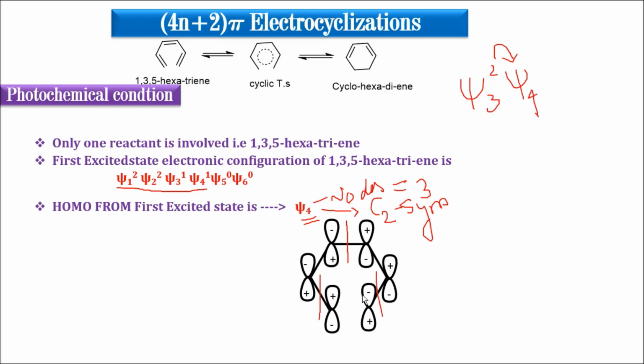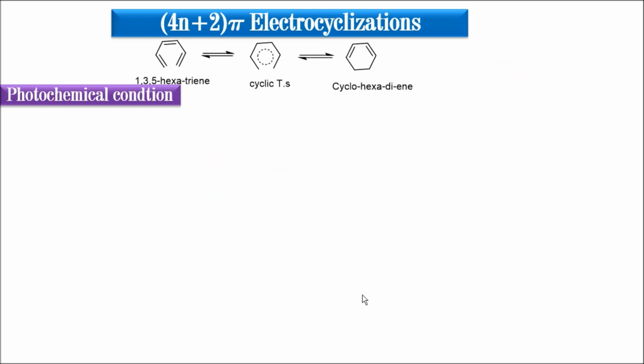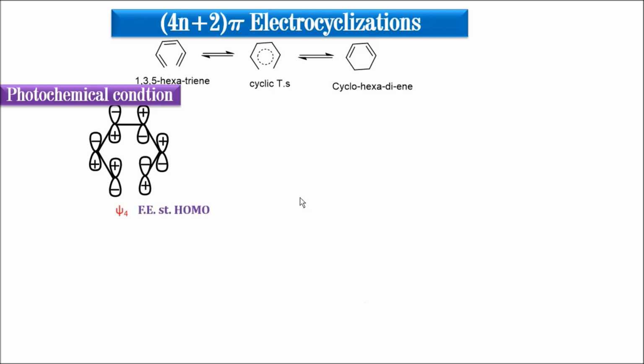Let's explain the Con mode of rotation. We are taking the first excited state HOMO. We are taking this orbital, and this orbital is undergoing clockwise rotation, and this orbital is also undergoing clockwise rotation. That means the first orbital is undergoing clockwise rotation, and the second orbital is also undergoing clockwise rotation.